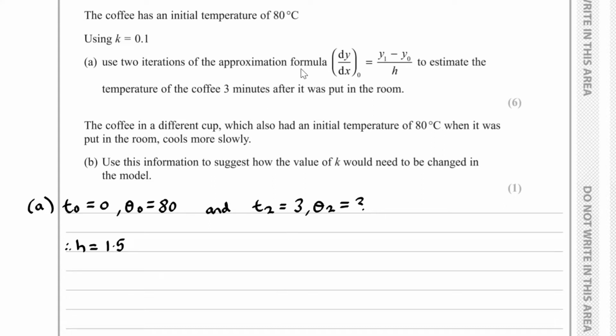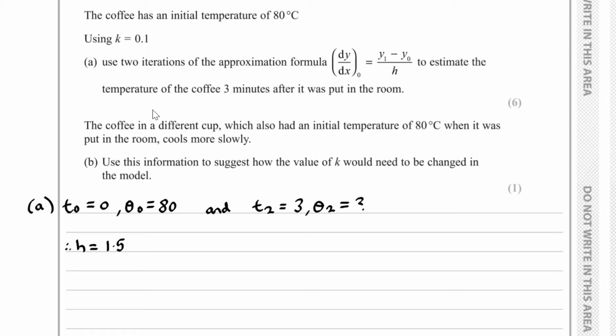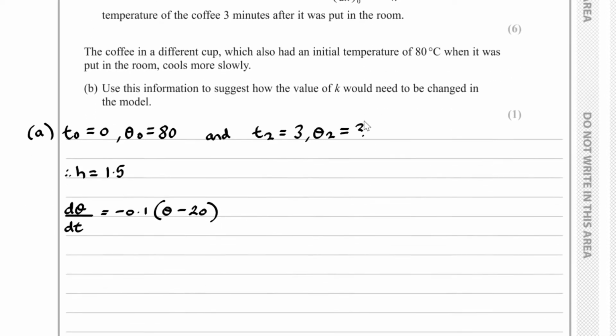Now, we know what d theta over dt is if we replace this k with 0.1. We say that d theta over dt is equal to minus 0.1 lots of theta minus 20. Okay? And we can use this approximation formula to write out an iterative formula. Of course, we don't have y and x, we have theta and t.